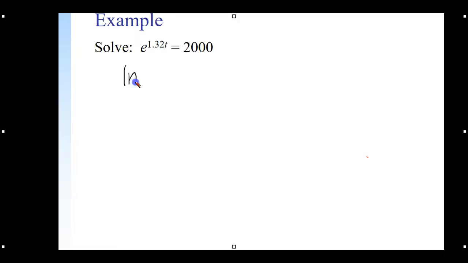Natural log, base e, and then e here, and we're going to take this and put that in front, and this will become 1.32t equals the natural log base e of 2000.